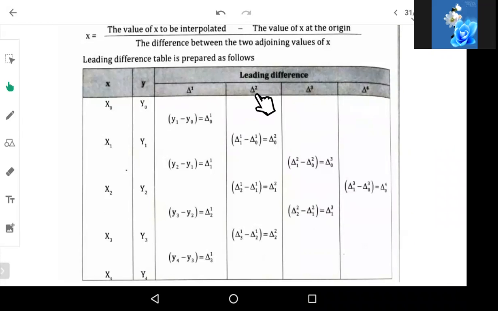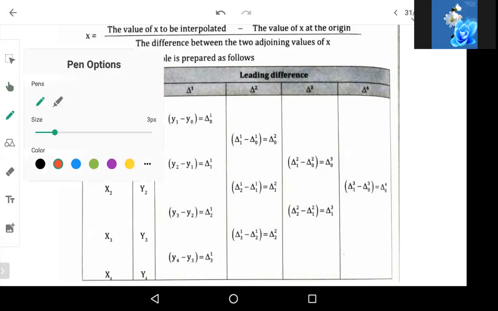Next, for the second leading difference, you take the difference of the first leading difference values. This leading difference minus the previous first leading difference gives the first answer in the second leading difference.